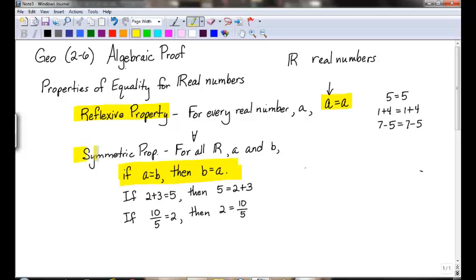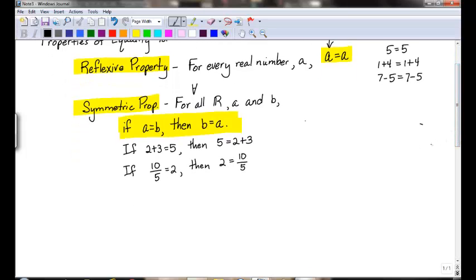Okay, and the last one, reflexive, symmetric, and transitive.